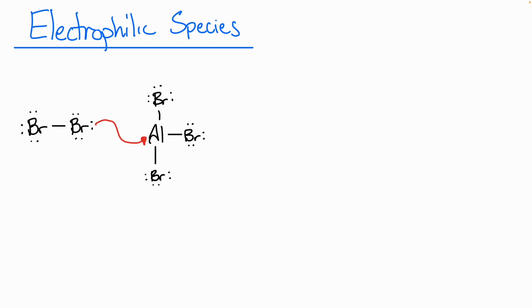All right, so what happens is our bromine, diatomic bromine, Br2, will react with this aluminum bromide. Aluminum's a little weird because we classify it as a metal, but it's got some metalloidy behavior to it, where it can play the role of a Lewis acid and accept this pair of electrons from this bromine.